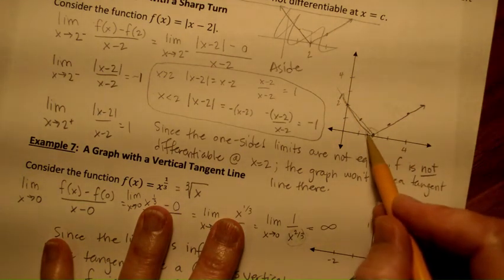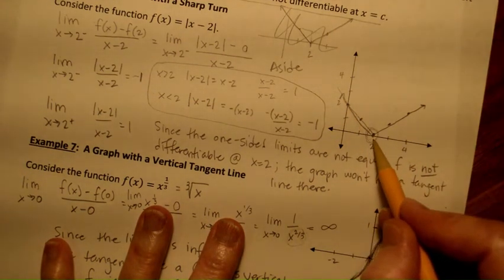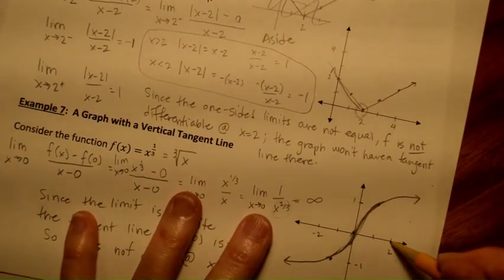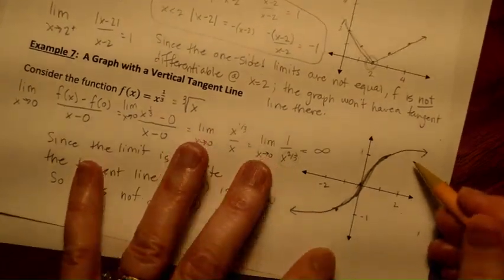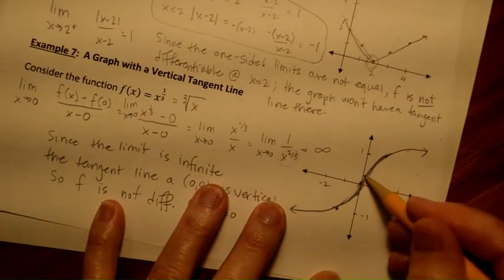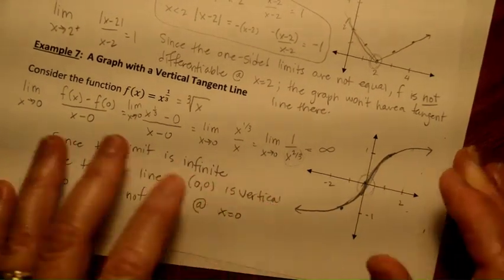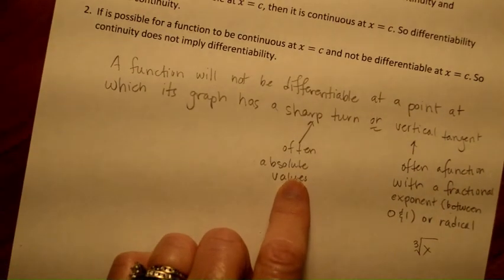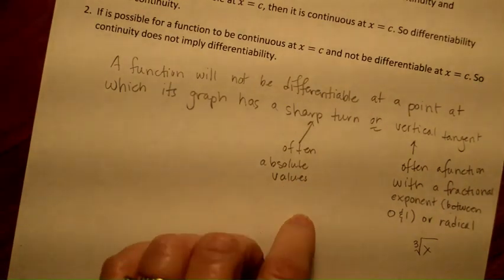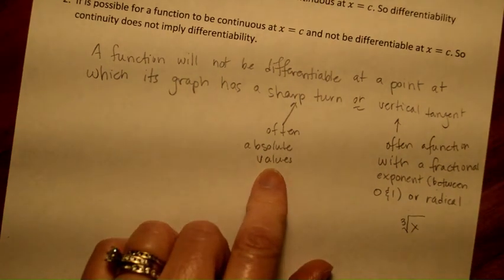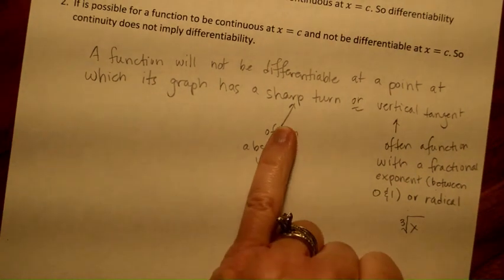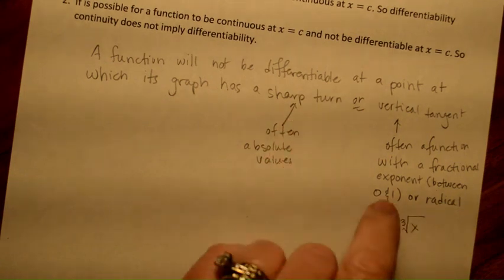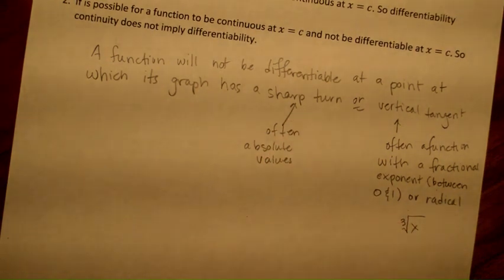It's just at that specific point where that sharp turn takes place. And if I was asked, is f down here differentiable at 2? Yeah, it is. This is the problem spot. So we don't want to lump the whole thing into saying that it's not differentiable anywhere. There will be problem spots, and those problem spots are going to occur where there's a sharp turn, sharp point, or a vertical tangent.